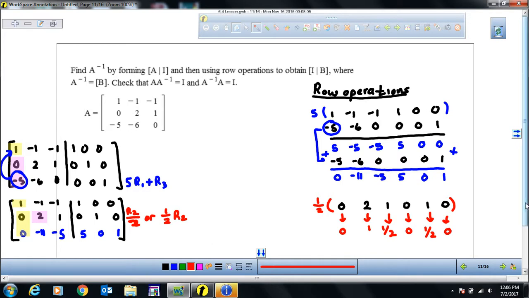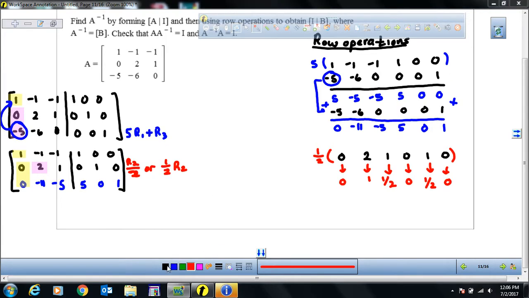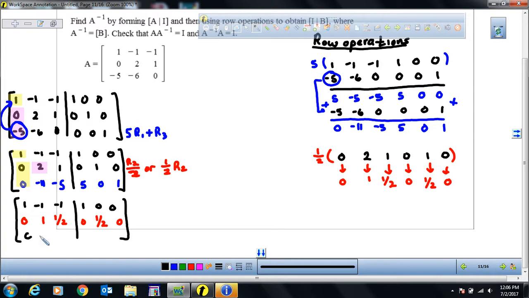I'm going to be scrolling down as we go. So the middle row becomes 0, 1, 1/2, 0, 1/2, and 0. And we're just going to copy down the rest: 1, -1, -1, 1, 0, 0, and the bottom row 0, -11, -5, 5, 0, and 1.